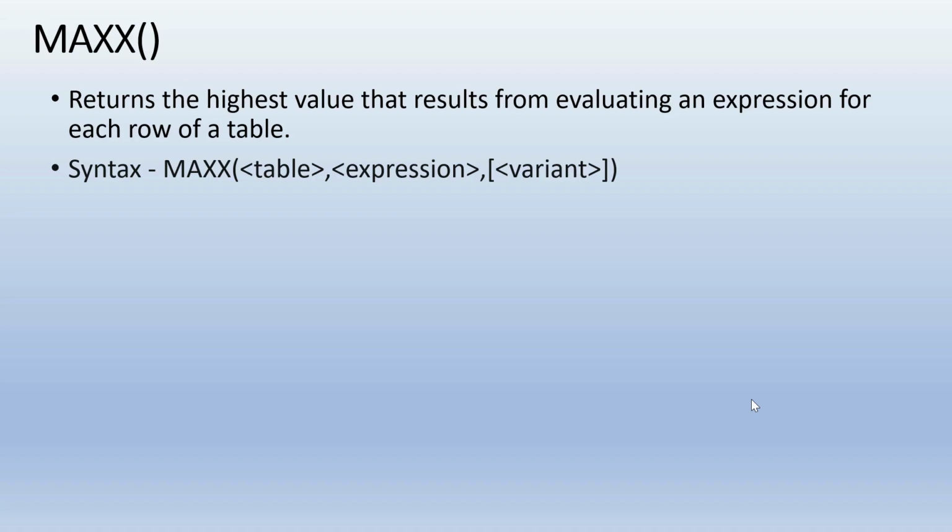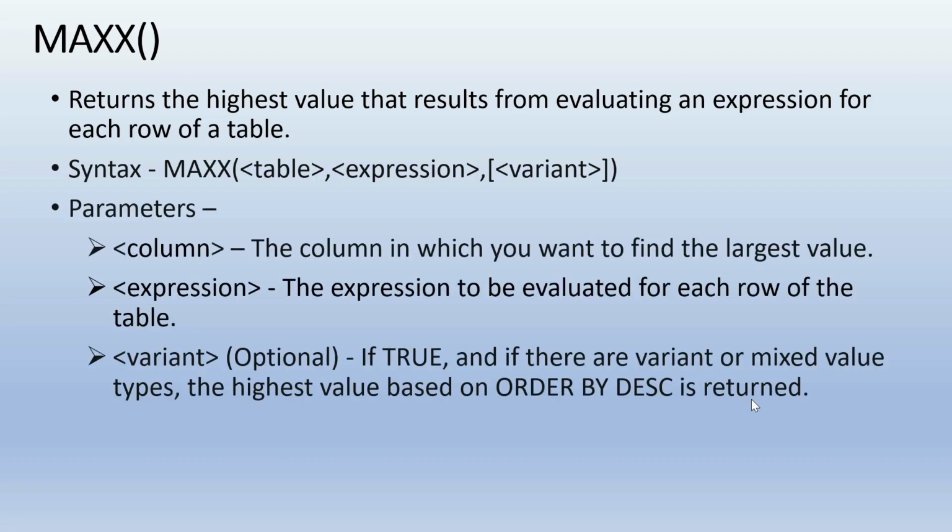The syntax is MAXX, table, the table in which we have to find the largest value, and then the expression which will be evaluated for each row in the table, and from that expression we will find the maximum value. And variant is an optional parameter.